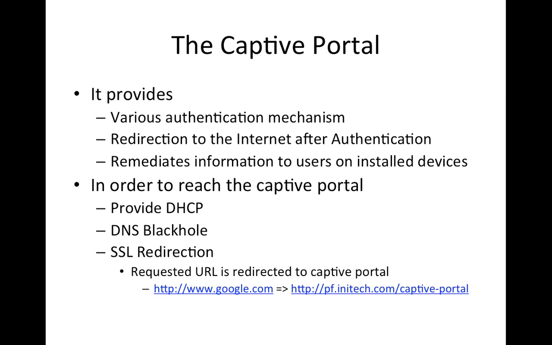The captive portal provides various authentication mechanisms, redirection to the internet after authentication, and remediation information to users on installed devices. In order to reach the captive portal, DHCP needs to be provided, a DNS black hole needs to be there, and SSL redirection.